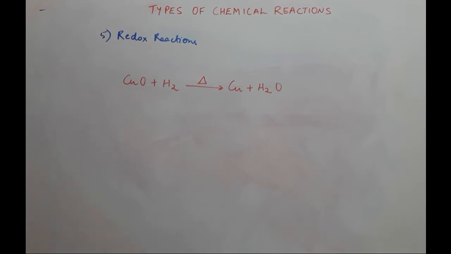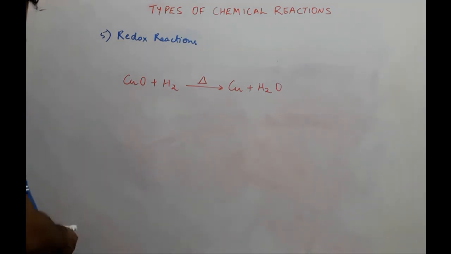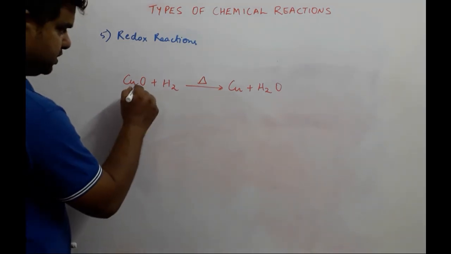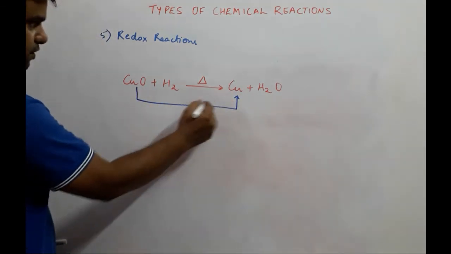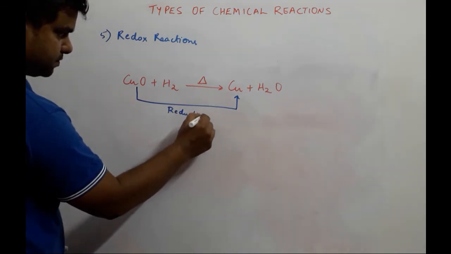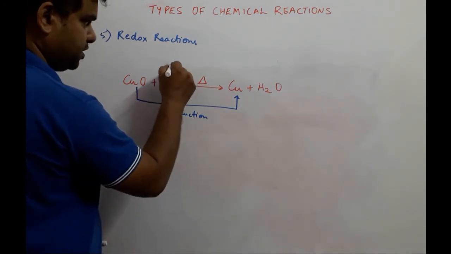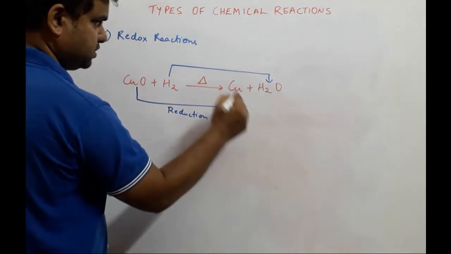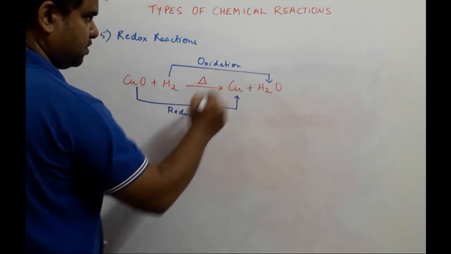Now we have oxygen involved over here, so you can definitely have a look at what is oxidation and reduction. In the case of CuO, this one loses oxygen, so we can call this process reduction. But hydrogen over here gains oxygen, so we can call this process oxidation.